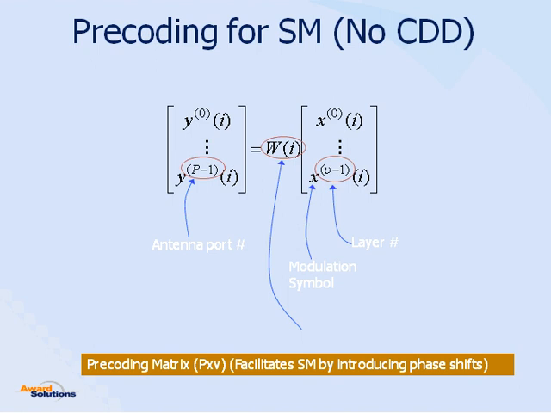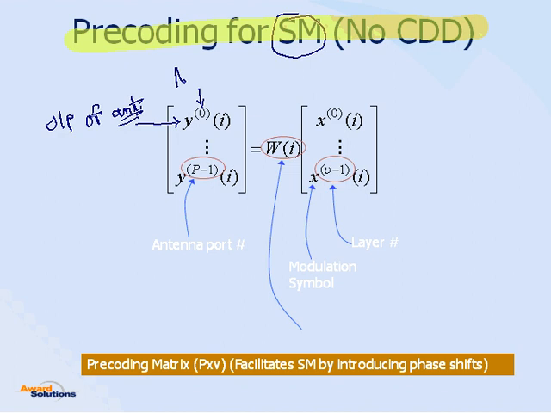Pre-coding. We had one student specifically interested in pre-coding. Now what is this pre-coding? We are taking an example for spatial multiplexing. This Y is the output of the antenna. So Y0 means antenna number 0 is sending out this specific information.